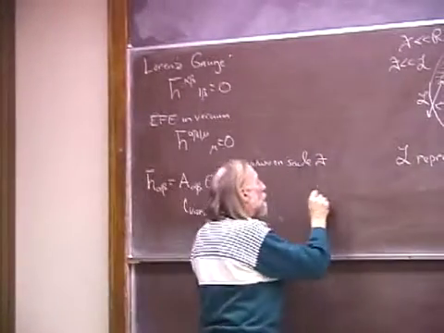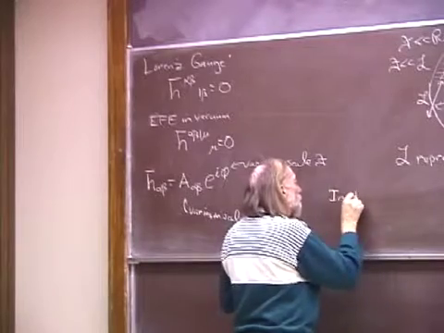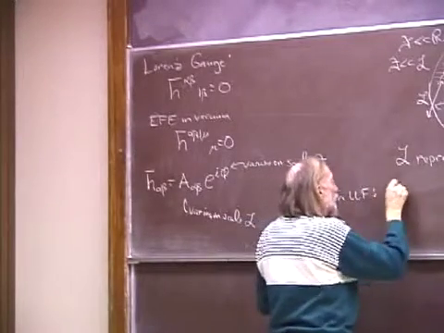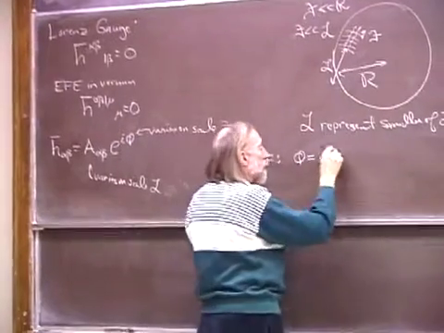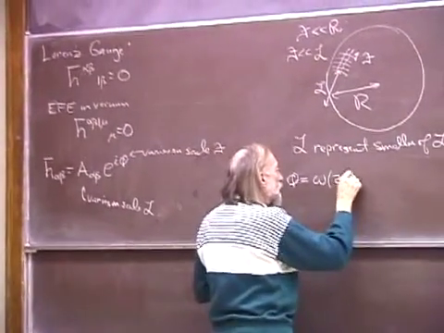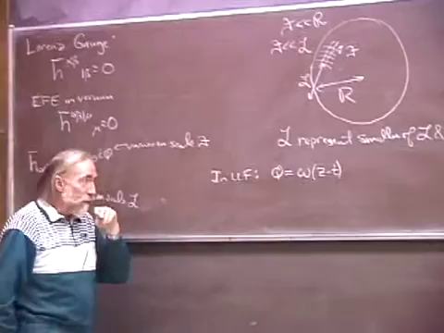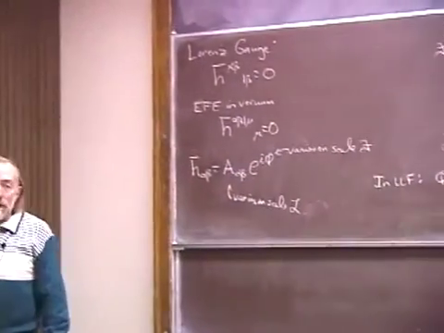And we remind you that in a local Lorentz frame, the phase is just equal to omega, the angular frequency, times z minus t if the wave is propagating in the z direction, and if it's monochromatic.